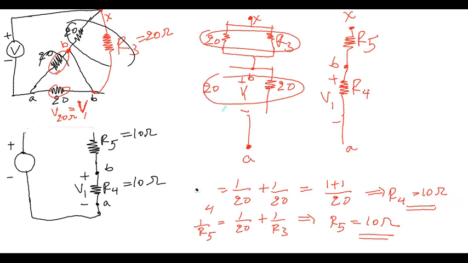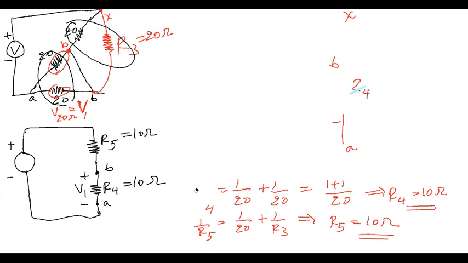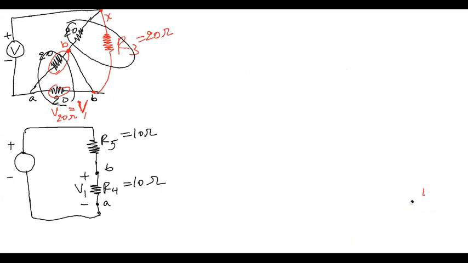So at this point, we can use a voltage division rule to determine the voltage across terminals A and B. Don't forget that the two 20 ohm resistors were in parallel, so the voltage across the 20 ohm resistor should be the same as the voltage across their equivalent.